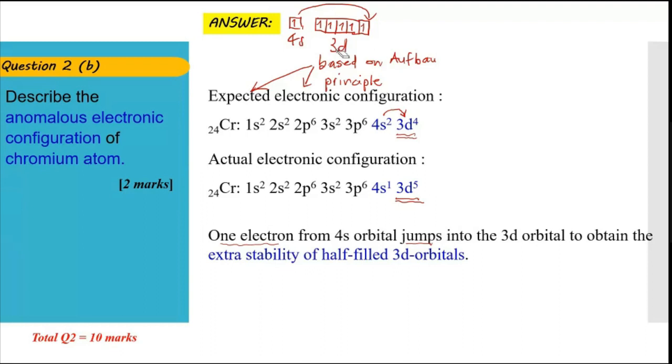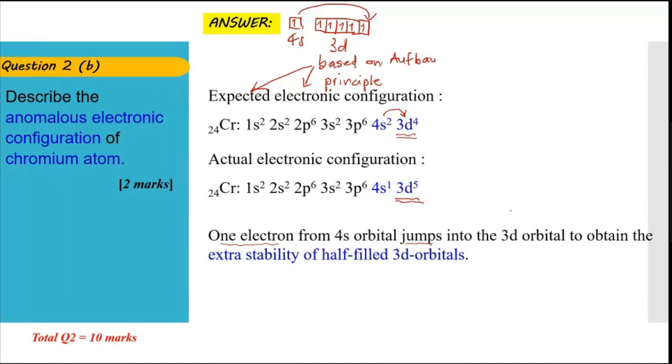The jumping can only take place if the energy difference between the orbitals is small. So an electron cannot simply jump from 1s into 2s or 2s into 2p, because the energy difference is big. It requires energy to be promoted.